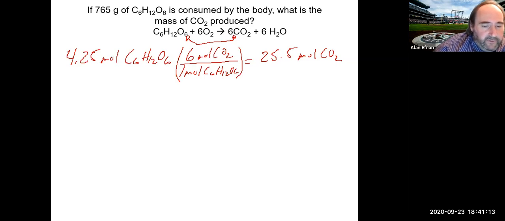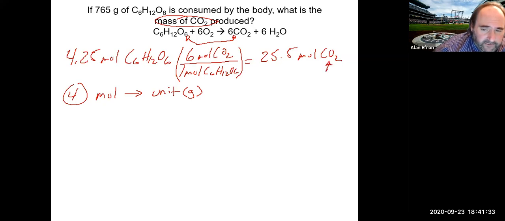What's left is step number 4, which is to take what they gave us in terms of moles at this point and convert it to some other unit. Since we are looking for grams, as I mentioned earlier, we do need to do this part. Remember at this point, which is also sometimes where people mess up, we have now converted into CO2, so we do need the mass of the CO2.